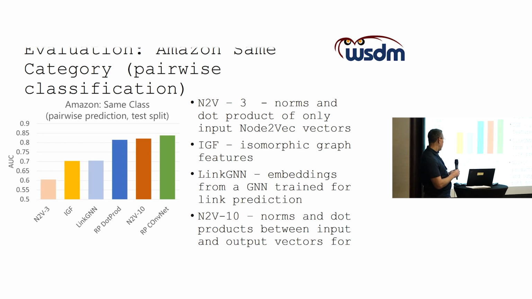However, another approach that we described in the paper, using node2vec embeddings, both input and output vectors of the embedding, and computing the cross dot product between all the vectors in the pair, which creates 10 features, actually creates a pretty strong contender in this case.